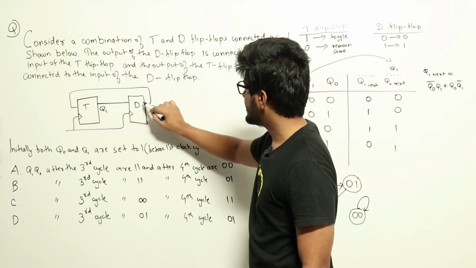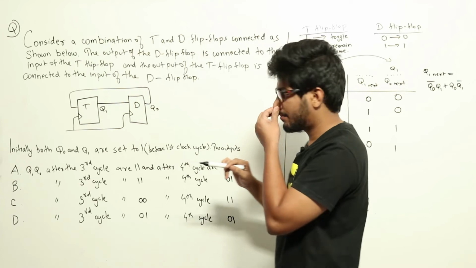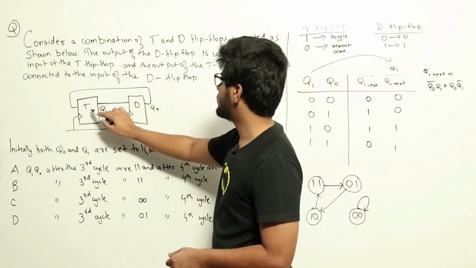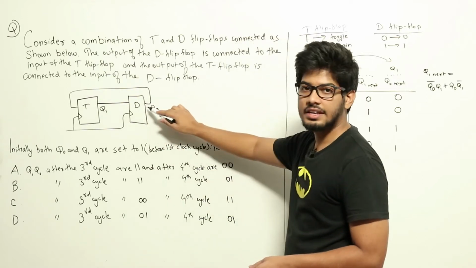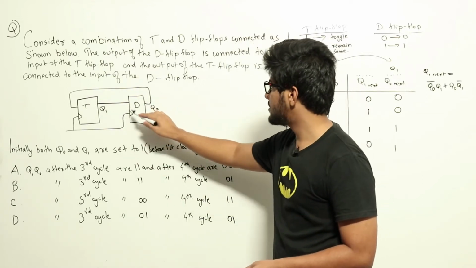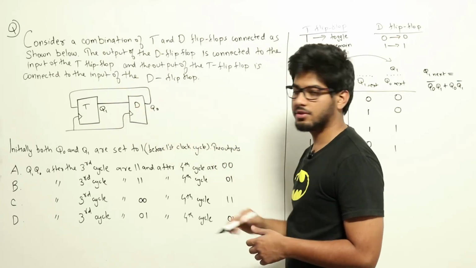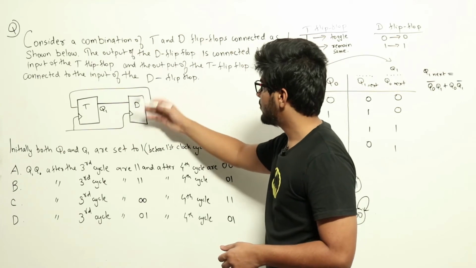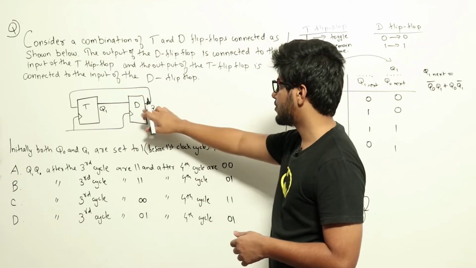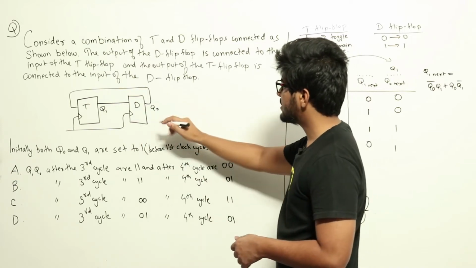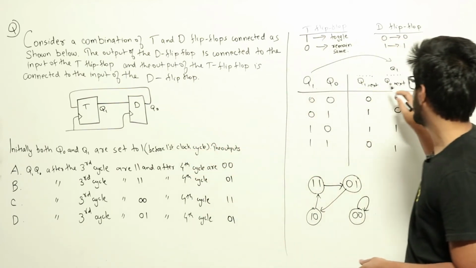Now we can see that the D flip-flop's output is given to the input of the T flip-flop. Before that, the T flip-flop's output Q1 is given to the input of the D flip-flop. So for D, the input is Q1, meaning after every clock cycle, whatever is Q1 will become Q0, because the D flip-flop just passes through its input.